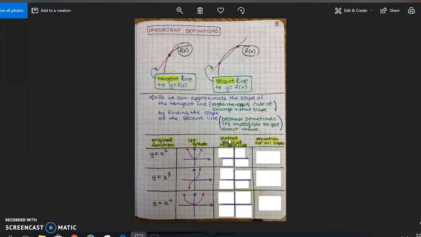Do whatever your homework is, but can you start 2 columns here? I want to plot the slopes of the tangent lines, or the instantaneous rates of change, because that's what it is. It's instantaneous rate of change at your special points. We'll fill in these 2 columns in class. All right, I'm going to start another video to get your 3rd page of notes.